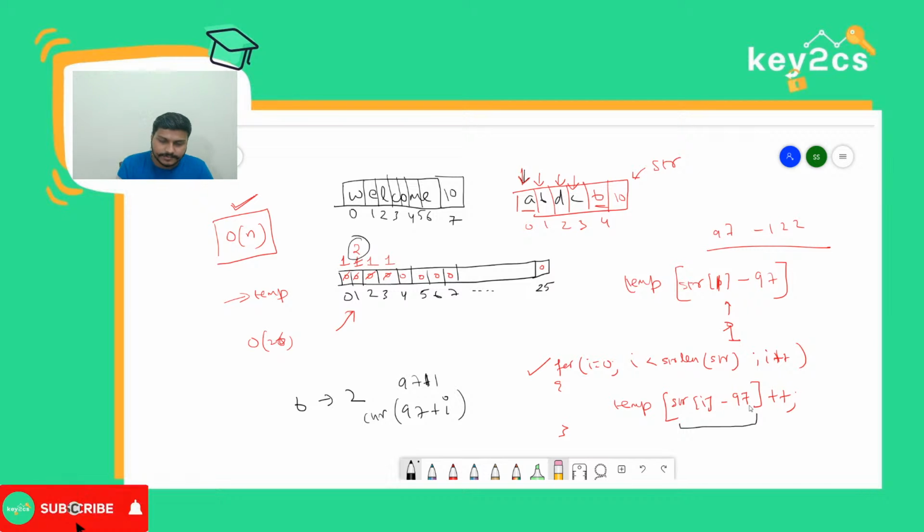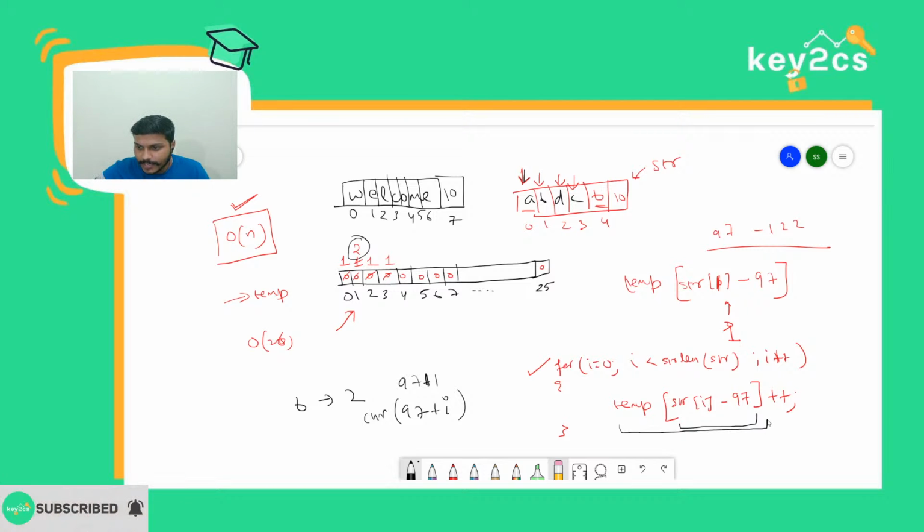Whatever character is there in the string, this time w minus 97 will give you a value, which is nothing but the respective index of this temporary array. So at that particular location in the temporary array, I will increment the value. Let's say str of i is a or str of i is b. b minus 97 is 98 minus 97, that is 1. So you will update the value of temp of 1.